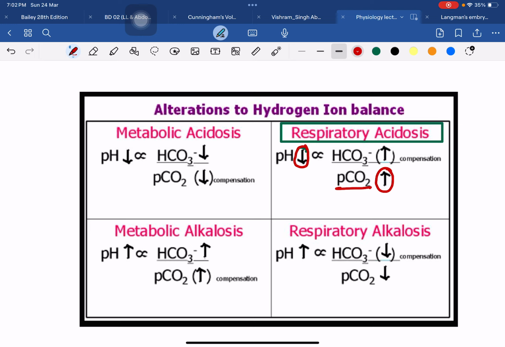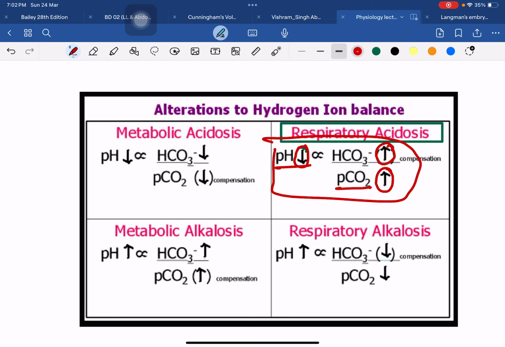Actually, the first event is the partial pressure of carbon dioxide. When the partial pressure of carbon dioxide increases, it affects the pH and pH reduces. On the other hand, to keep the pH within the normal range, the bicarbonate also changes, and what will happen? It also increases. So these three important changes we have to remember.